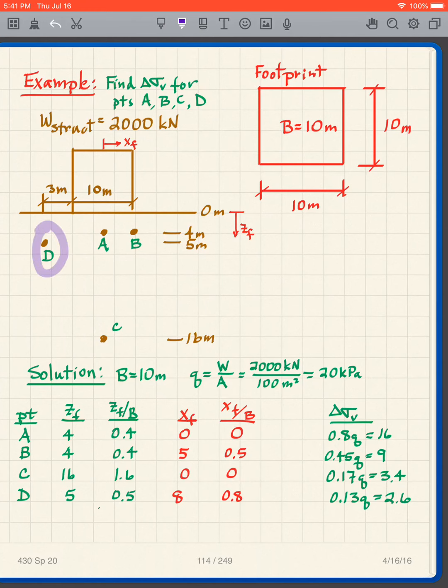And point D is 3 meters past the edge and 5 meters deep. I'm going to define a coordinate system. We're going to measure x sub f from the center line of the structure. We'll measure z sub f from the base of the structure.